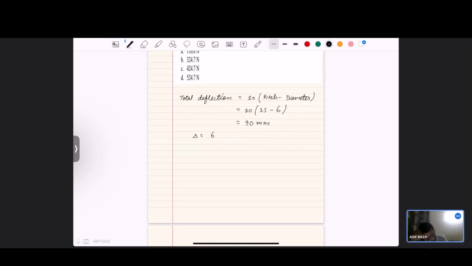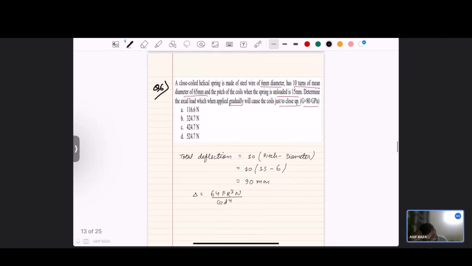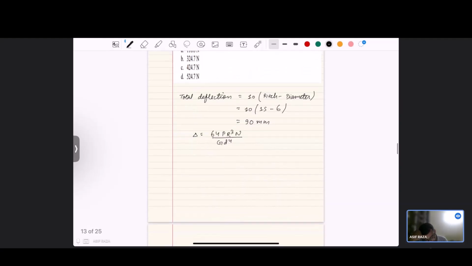No, this formula would be this, because K times delta, so P R cube N over G d^4. So this is the formula. Okay, we need to find the axial load. P would be equal to G d^4 over 64 R cube N, times delta.